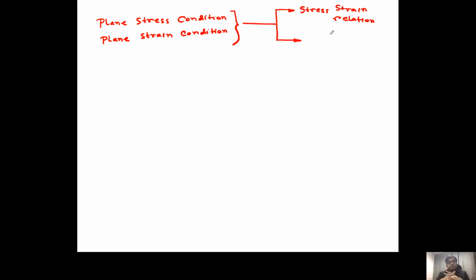We merged the compatibility condition with equilibrium condition and stress strain relation to arrive at the governing equation for plane stress condition and for plane strain condition.